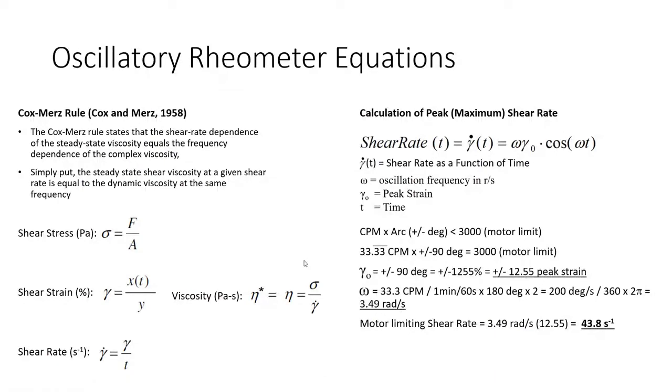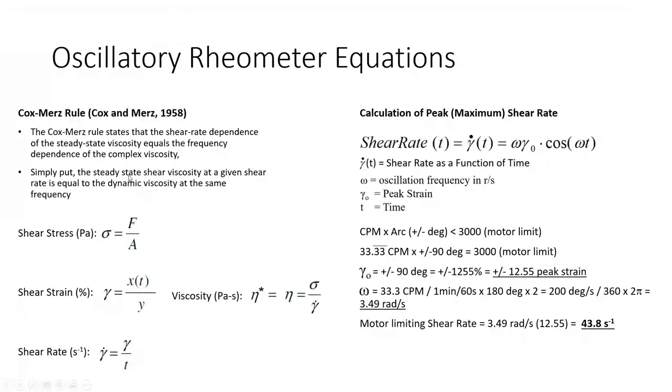Oscillatory rheometer equations. Oh boy, I had nightmares last night about going over this slide. So if I make any mistakes, please let Rick know and he'll correct me. First of all, from a general point of view, the Cox-Merz rule is very important to understand in terms of shear rate dependence. And it really states that the shear rate dependence of the steady state viscosity equals the frequency dependence of the complex viscosity.